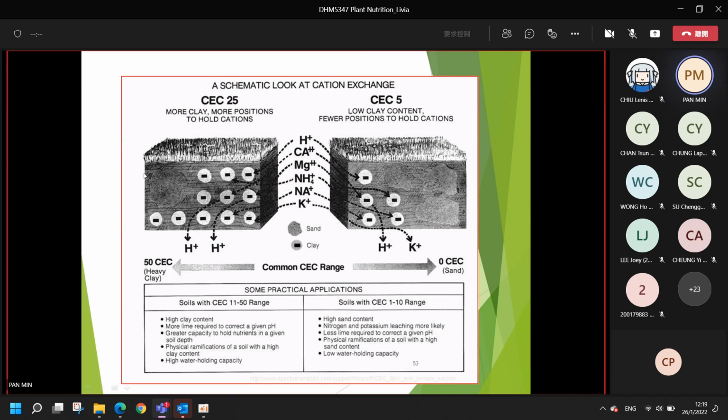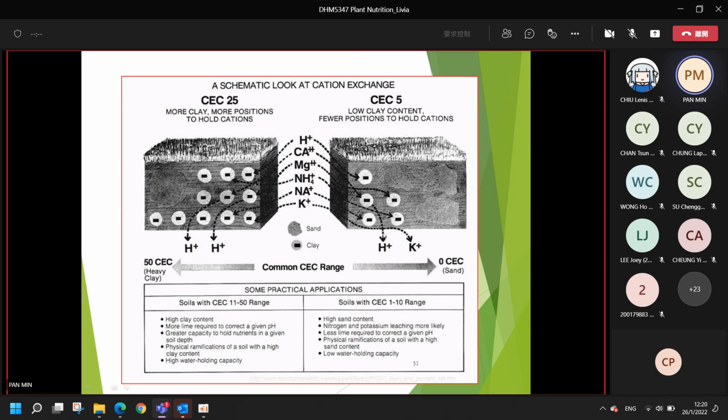with little or no organic matter, that cannot hold many cations. And here you can see the indication: with the high one, more cations and essential nutrient ions can exist in the soil solution. With the low one, they have low clay content and low CEC, and fewer positions to hold cations.